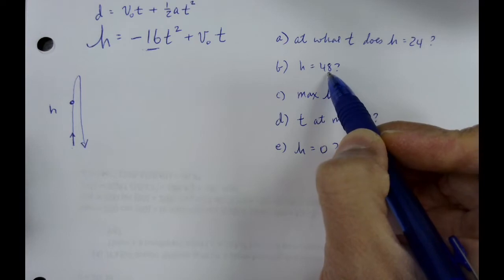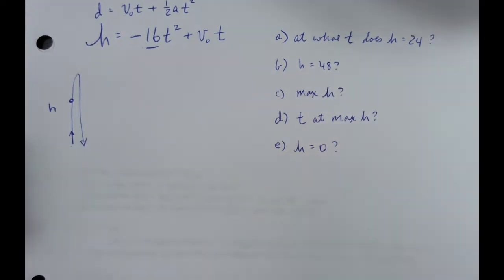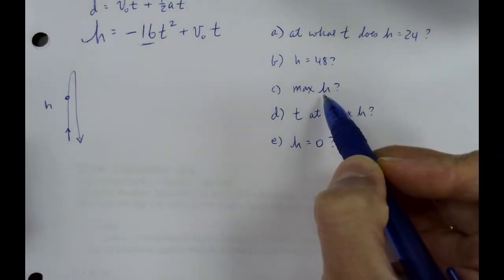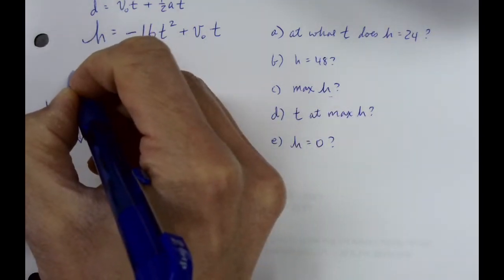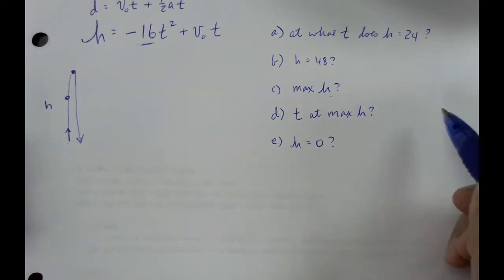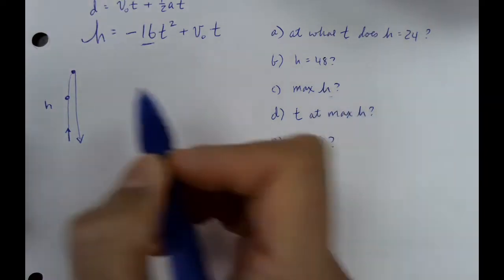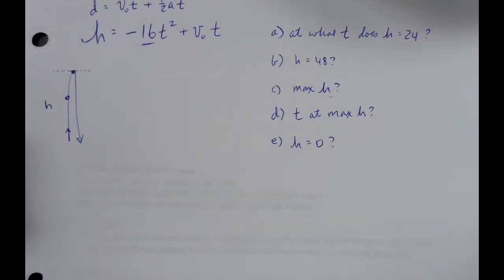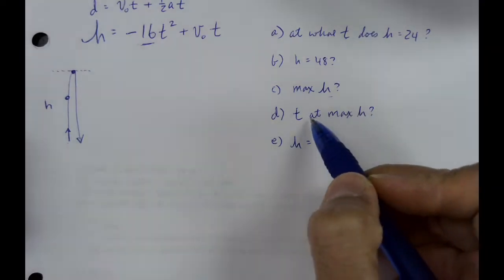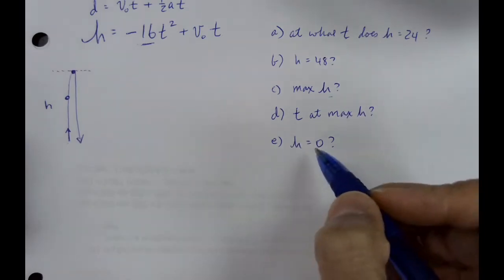At what time t does h equal 48? And then here's where we're going to use the discriminant. What is the maximum height? We can actually find out what the height is at the very top, right? Because that's going to be our one solution situation. What is the time when the ball reaches the top?